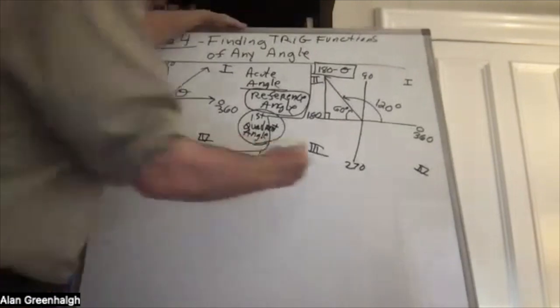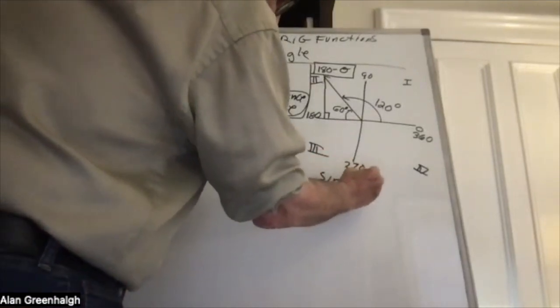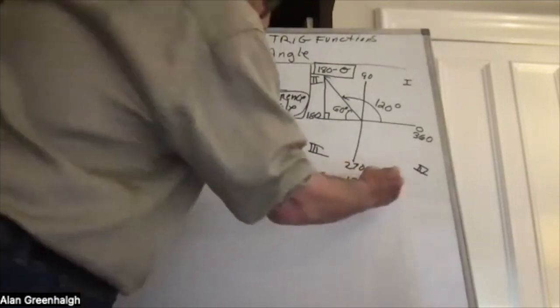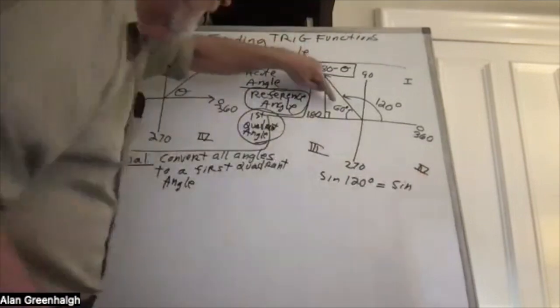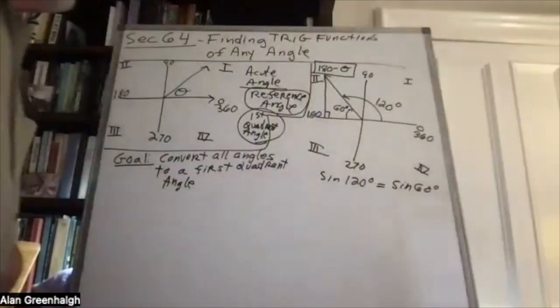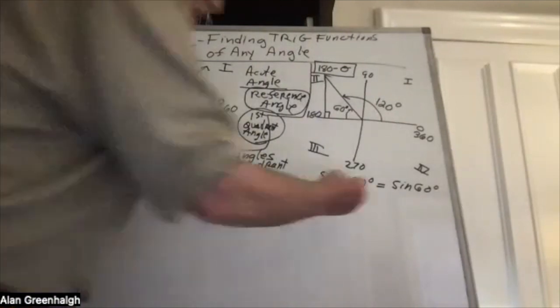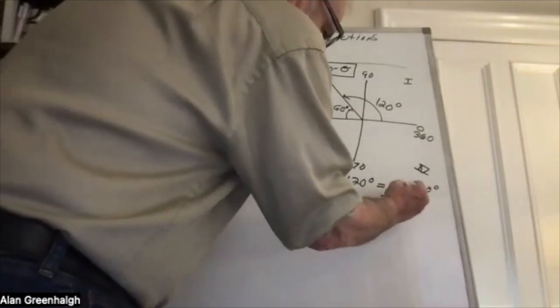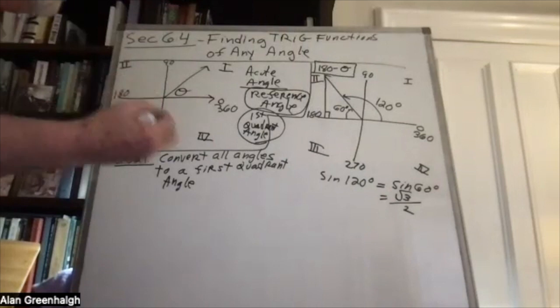So if I were given a problem, find the sine of 120 degrees, what I would really be doing is finding the sine of a 60-degree angle. That's a big advantage because we know the sine of a 60-degree angle. The answer would be the square root of 3 over 2.